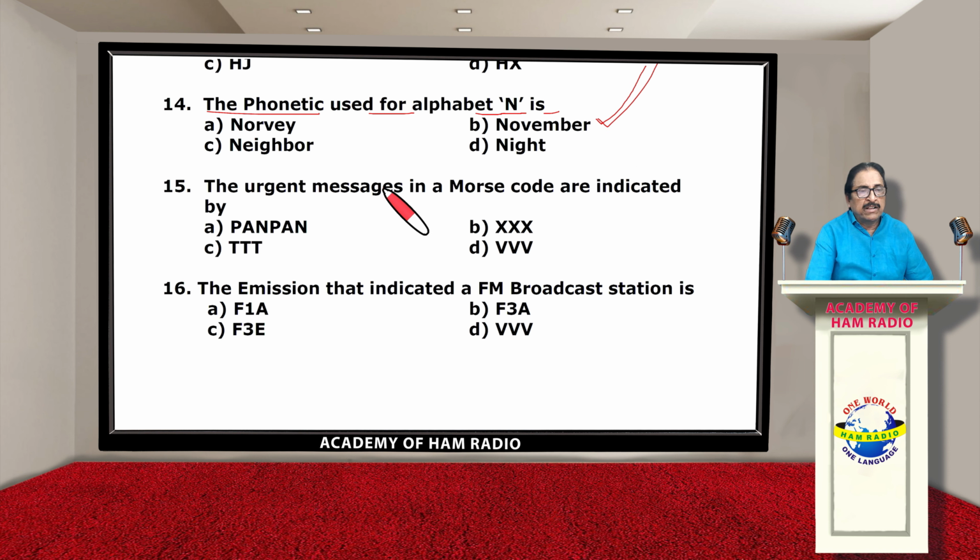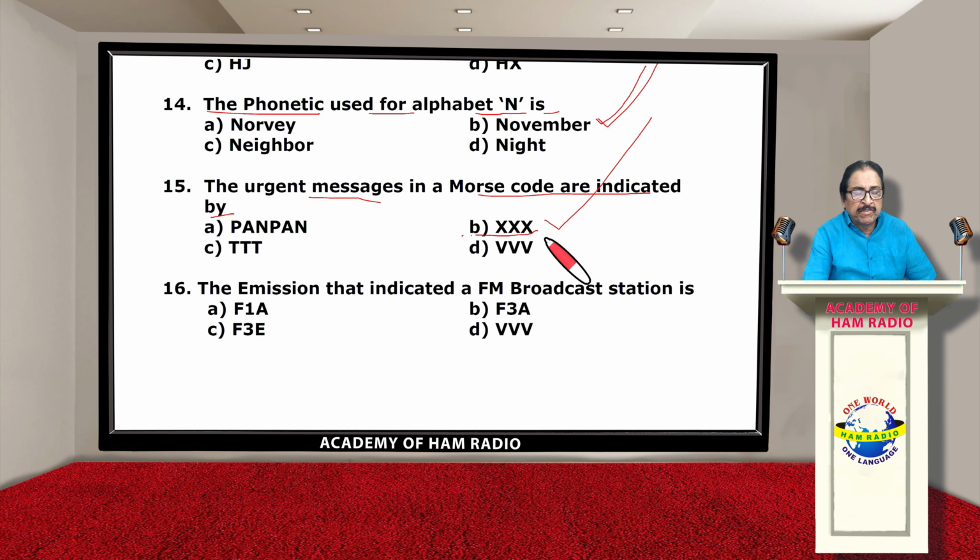Bravo is the answer. The urgent messages in Morse code are indicated by... Here the answer is XXX, triple X. These letters will be sent separately, each letter separated and the group also separated.